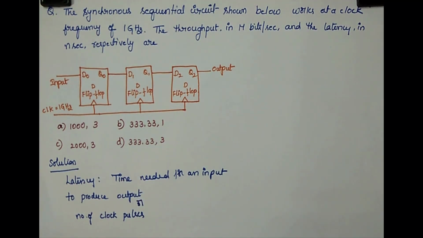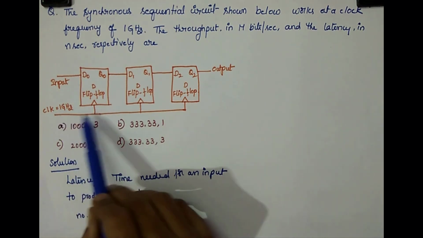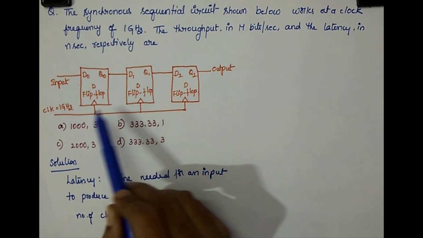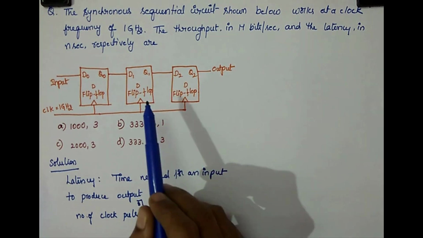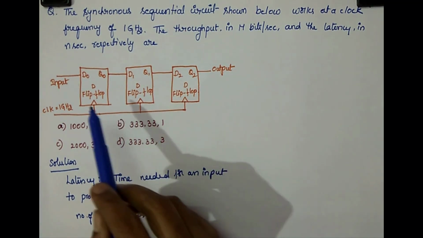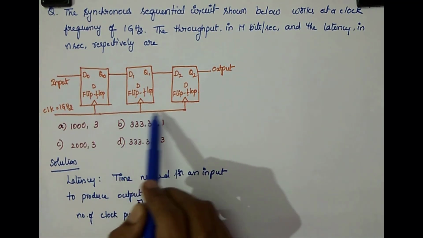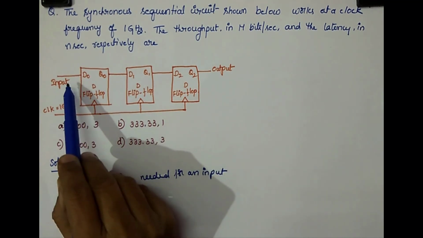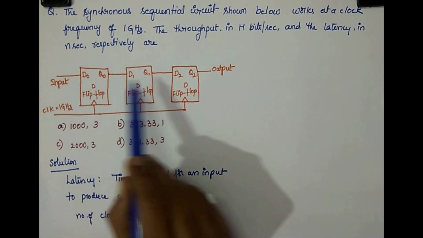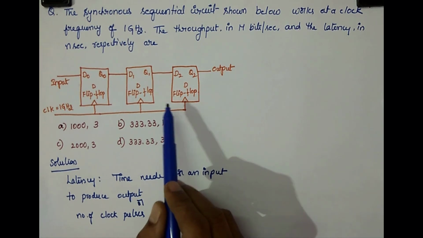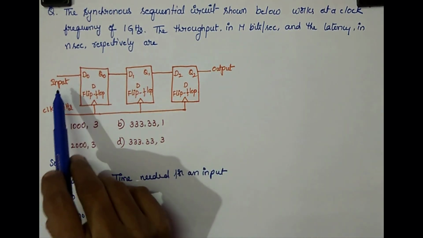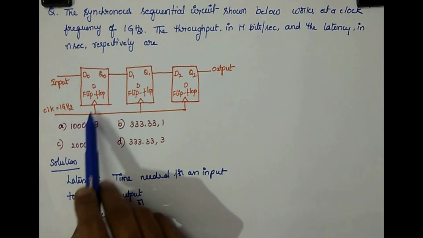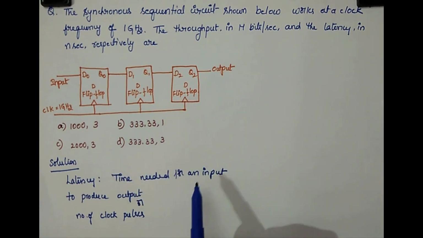If you see the given circuit, it has 3 flip-flops. For each flip-flop, a clock is given. As it is a synchronous sequential circuit, you have to apply clock for every flip-flop, and this input has to cross 3 flip-flops to reach the output. Means to get the output after giving input, you have to apply 3 clock pulses.